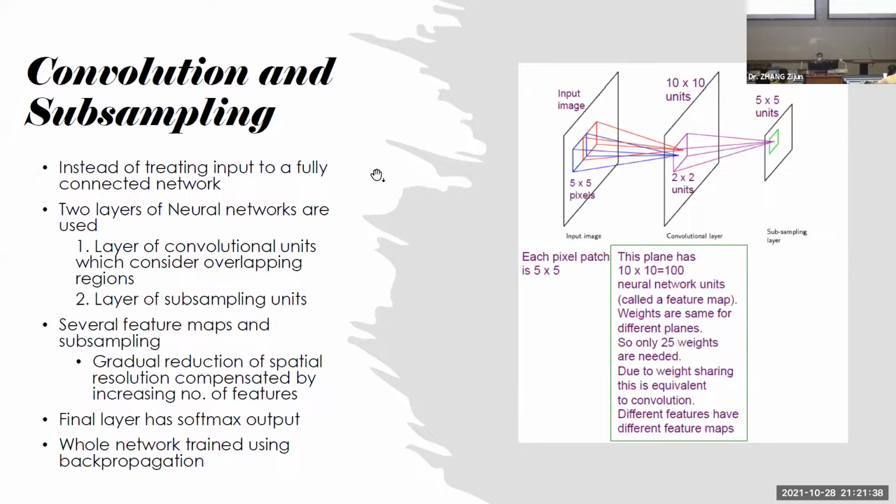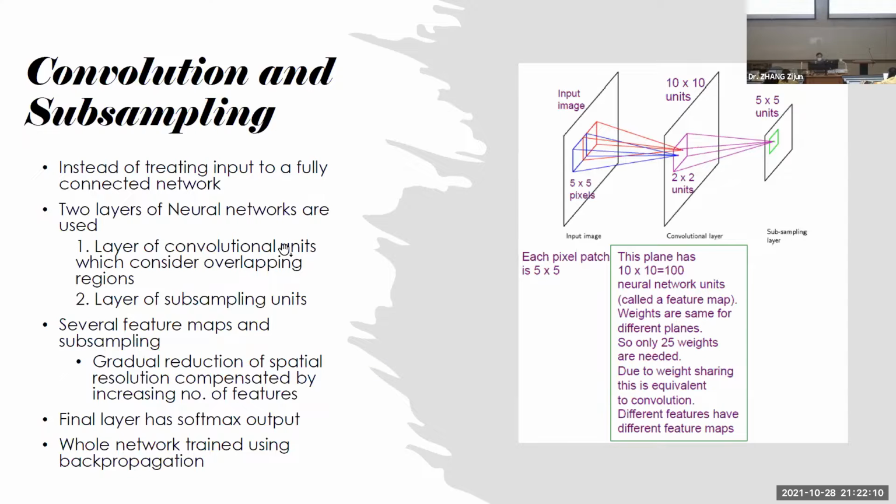This is an illustrative example of the convolution and the subsampling. First you have an input image, you do convolution, then you build up a convolution layer. Then using a 2 by 2 layer, you build up a subsampling layer to do further subsampling. So instead of treating the input as going to a fully connected network, 2 layers of neural network are utilized.